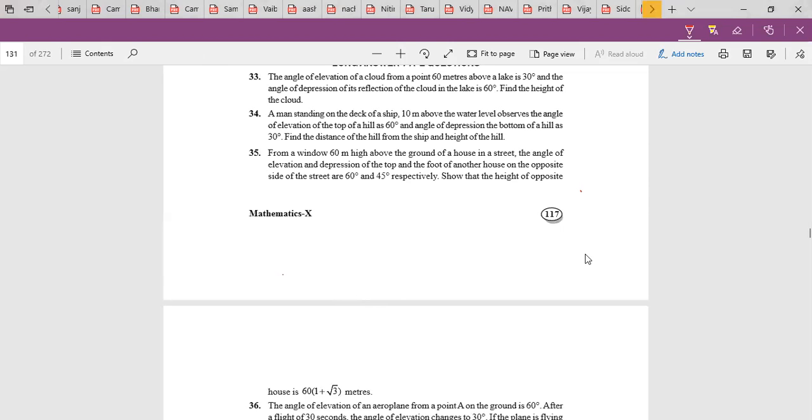What happened, Anand? Show me your diagram. I will show you.